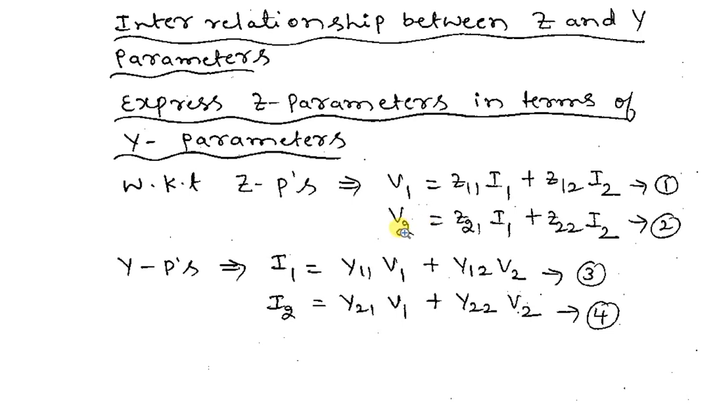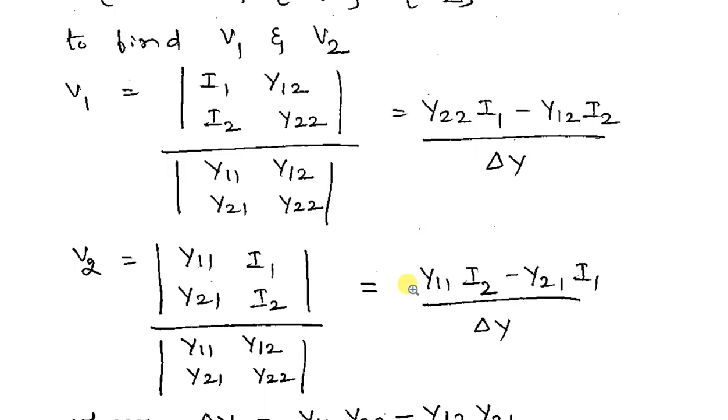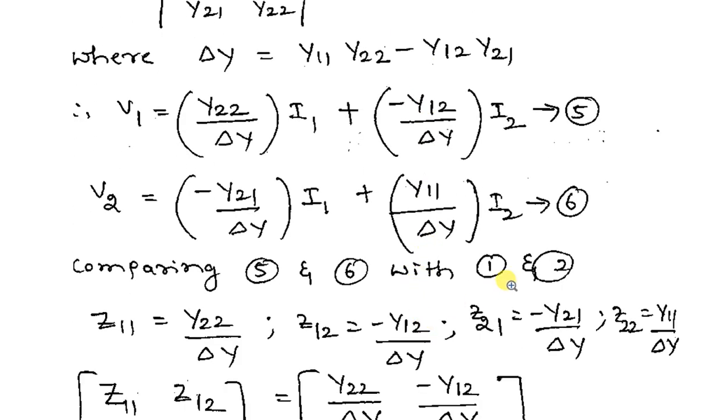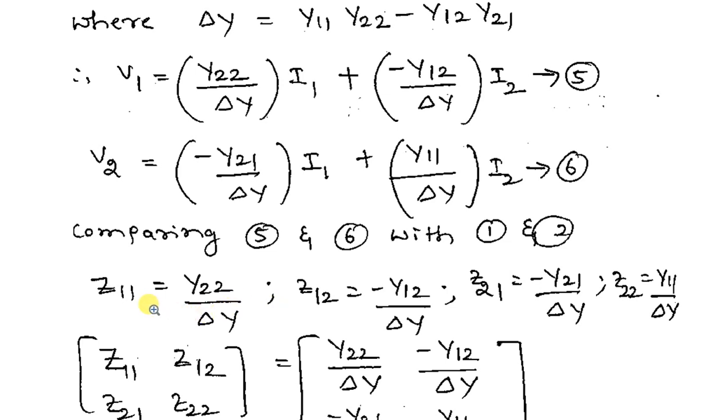In the second equation V2, the I1 coefficient is Z21 and the I2 coefficient is Z22. So comparing equations 5 and 6 with equations 1 and 2, we get y22 by delta y as Z11, and the others as Z12, Z21, Z22.